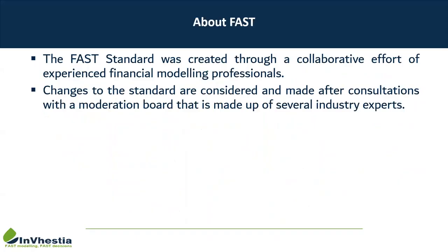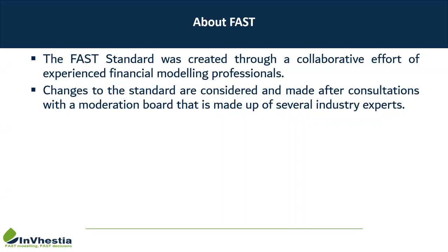So in terms of financial modeling, we use a standard called FAST, and the FAST standard was created through a collaborative effort of experienced financial modeling professionals. In the past, people used to come up with financial models that assumed different structures, but more and more we've seen more structure coming into the modeling process, and this is because it improves various aspects of the financial model.